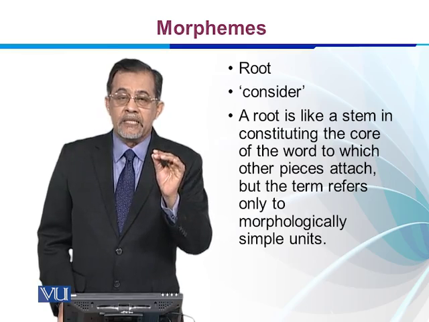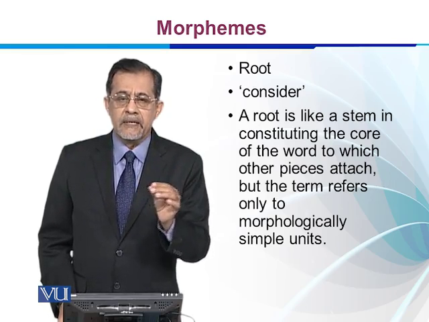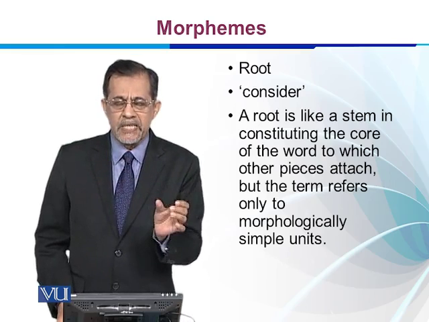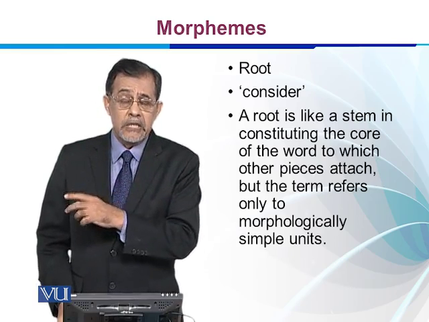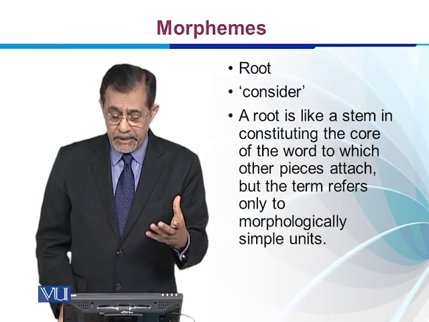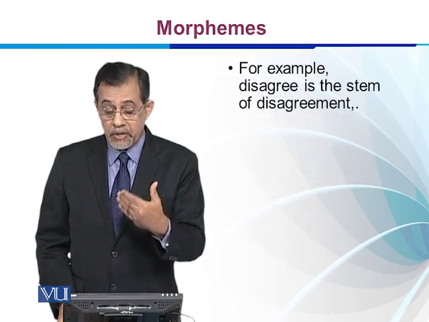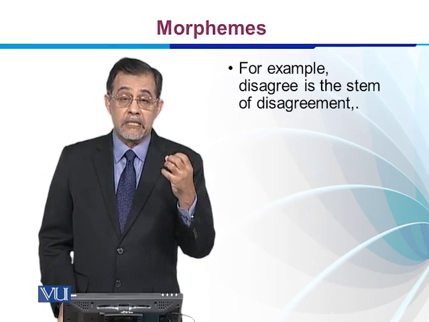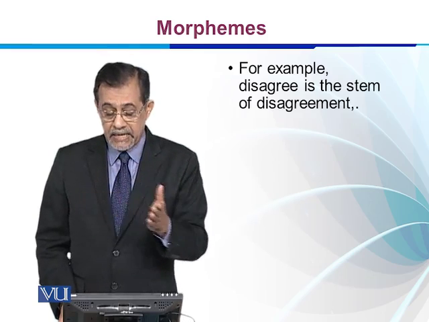So, simple units. For example, if we have the word disagree and we attach ment to it, disagreement. So, disagree will be the stem and ment will be the suffix attached to it. In this case, the stem is, as I just said, the basic word to which the ment is attached.